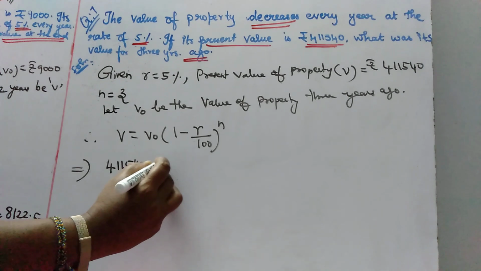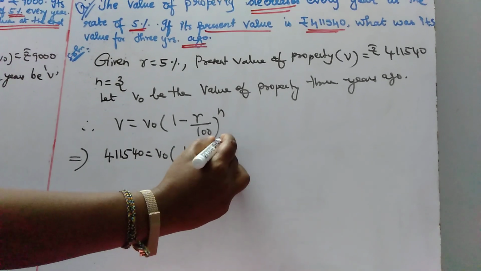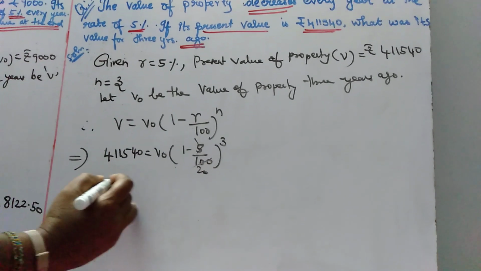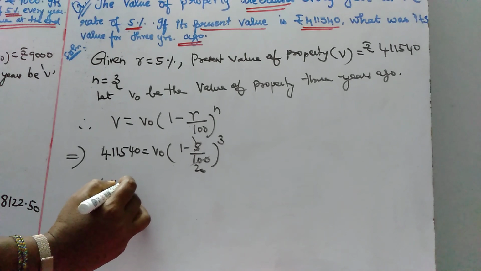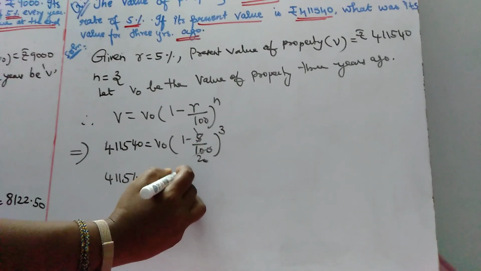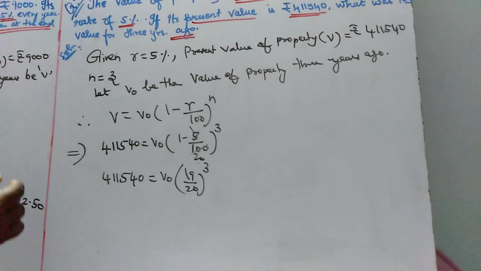So 4,11,540 equals V naught into 1 minus 5 by 100 the whole power 3. 5 table 1 time, this is 20, so 20 minus 1 is 19. So 4,11,540 equals V naught bracket 19 by 20 the whole power 3, right?